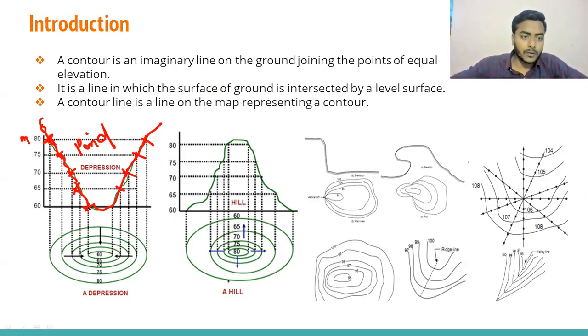Now we are going to draw a line which will represent the equal elevation. So this point will project onto a paper, a drawing sheet, here. This point will project here, and we can draw a line.